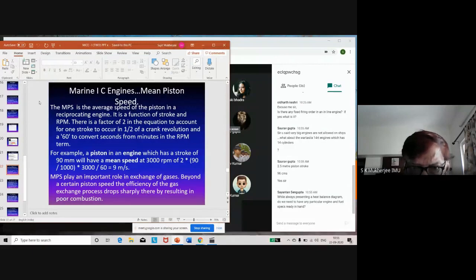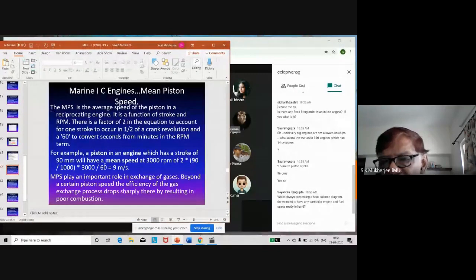Now, during this acceleration and deceleration, if the mass is very large, then the forces involved are also massive. Force is equal to mass into acceleration. So if you have a very large mass of the piston, the forces that the bearings are supporting are so much that the bearings can fail. So that is why slow speed engines will not have high speed.